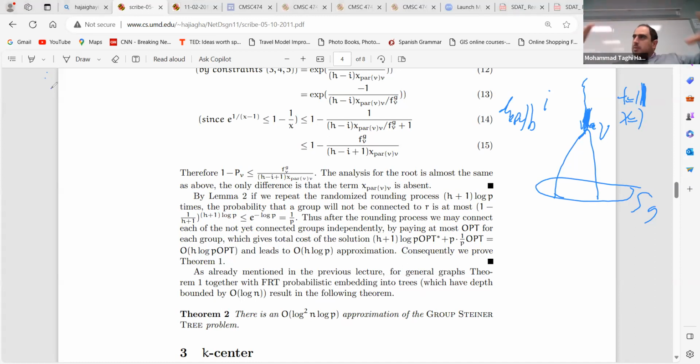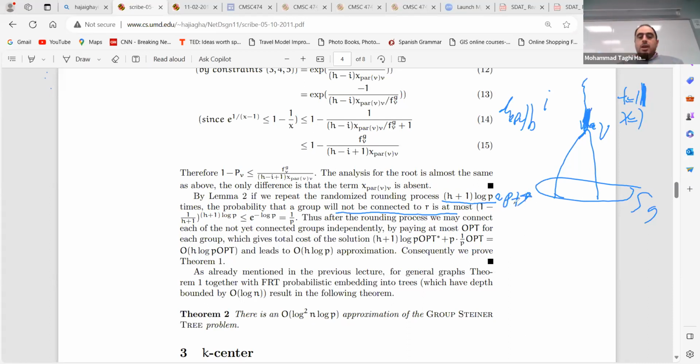I will start with this probability and create something. I will repeat this (H plus 1) times log P. Then the probability that a group will not connect to R, because I take the union over all of these rounds, how much do I pay? I will pay (H plus 1) times log P times opt star.